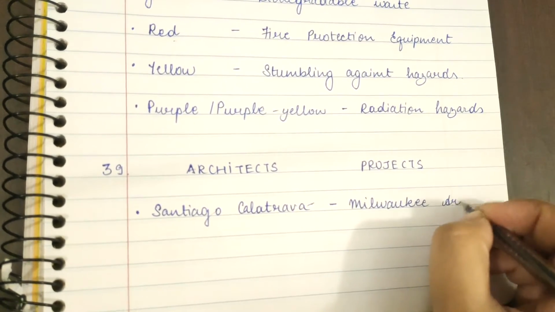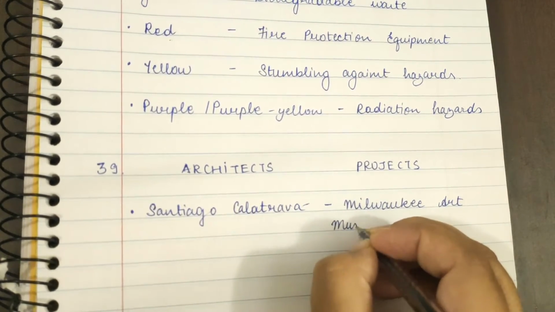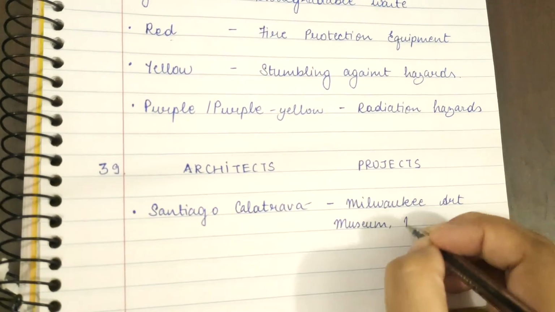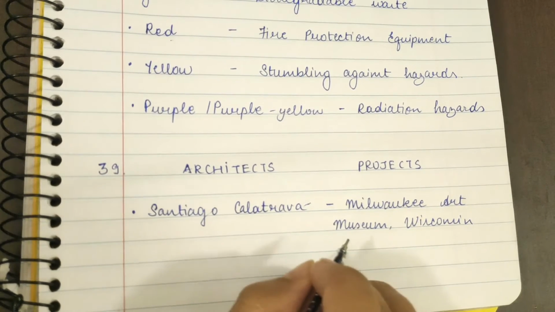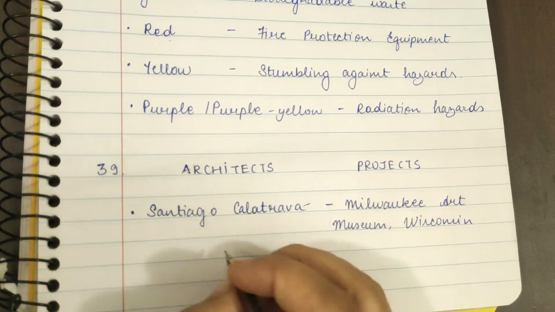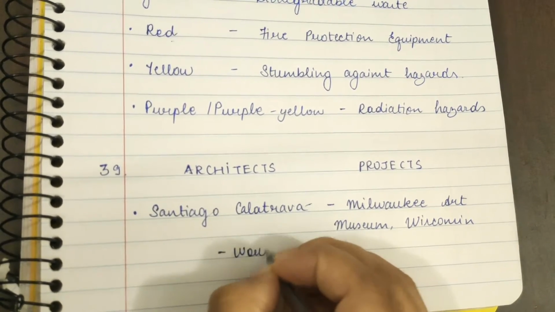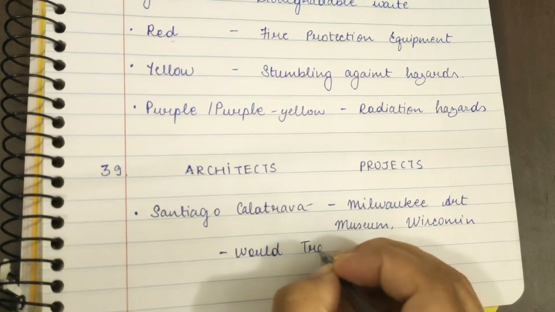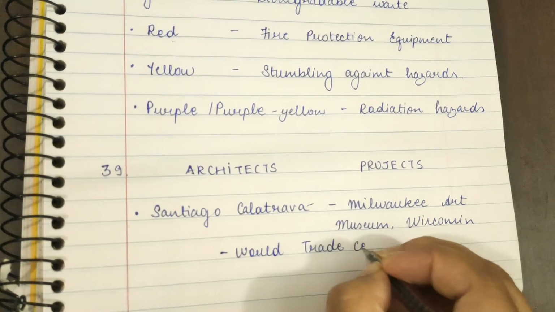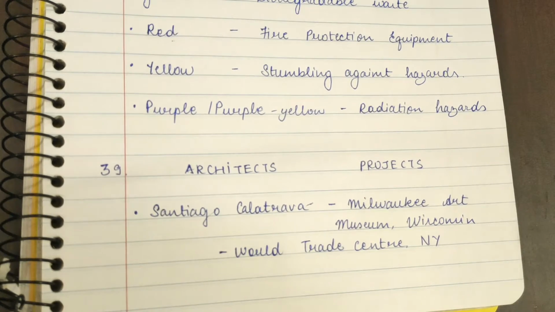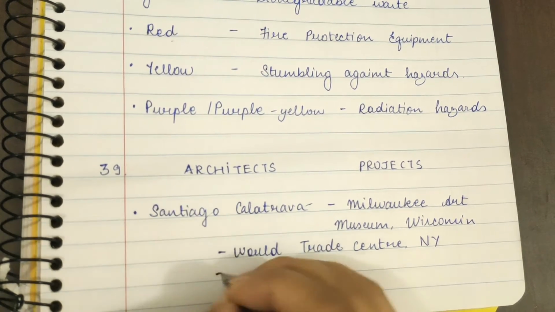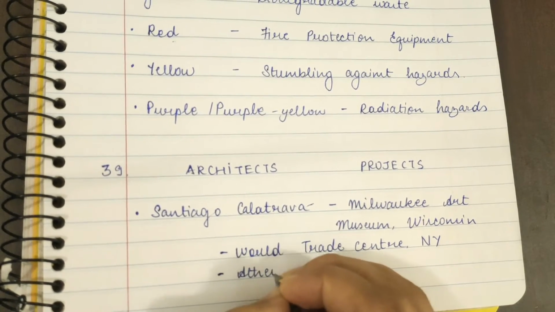Milwaukee Art Museum in Wisconsin, USA, so this was what was mentioned in the question. Then we have World Trade Center, New York. And we also have Athens Olympic Park in Greece.